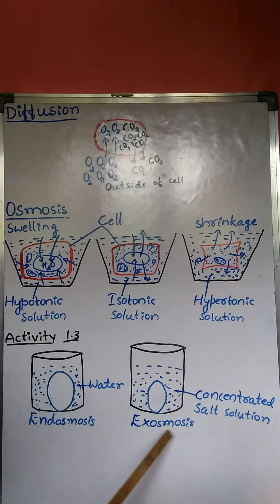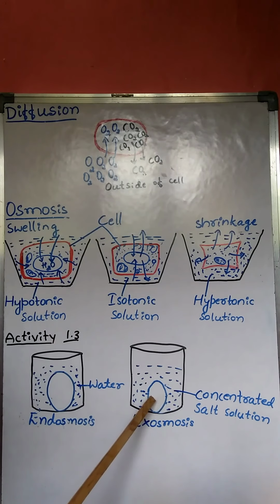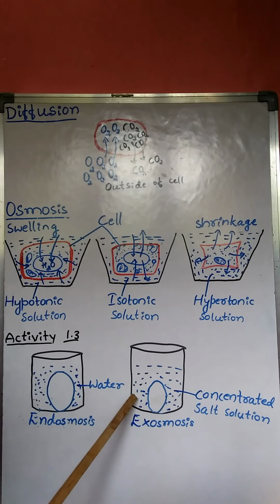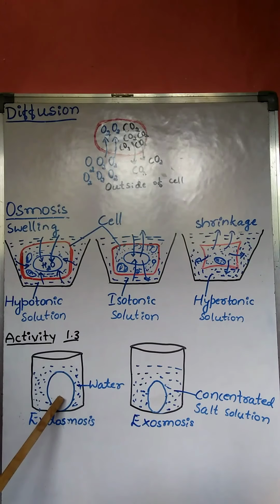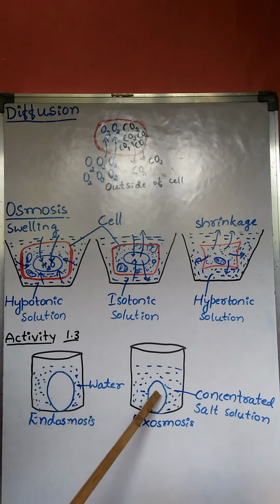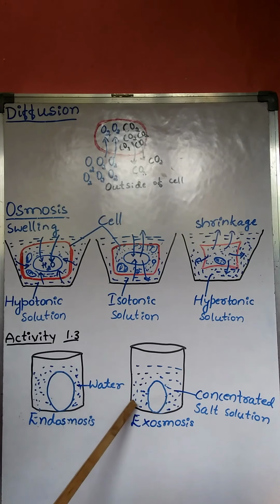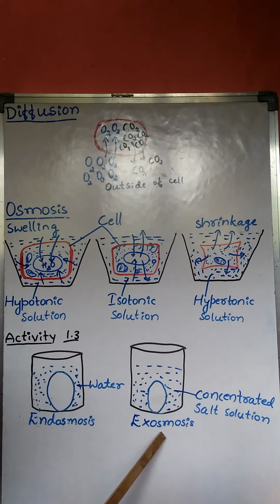Exosmosis is nothing but the movement of water molecules from inside of the cell to outside. Endo means inside: movement of water molecules from outside to inside. Exo means outside: movement of water molecules from inside of the cell to outside. That is exosmosis.